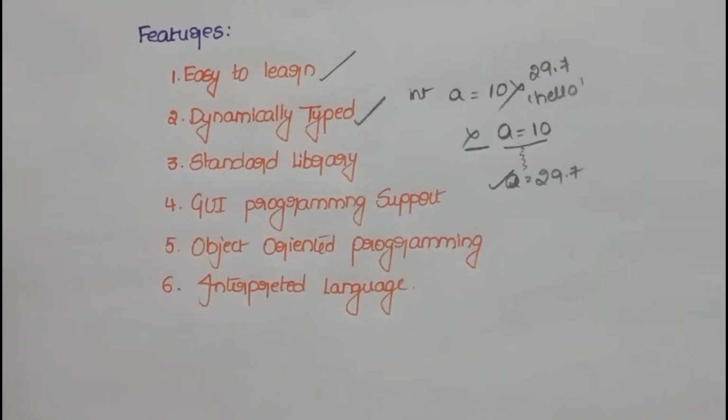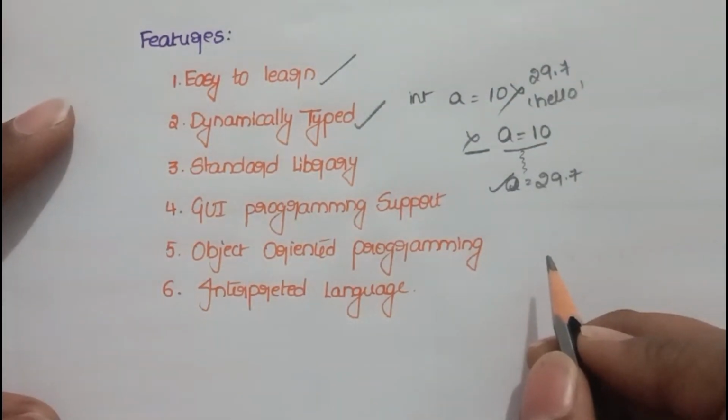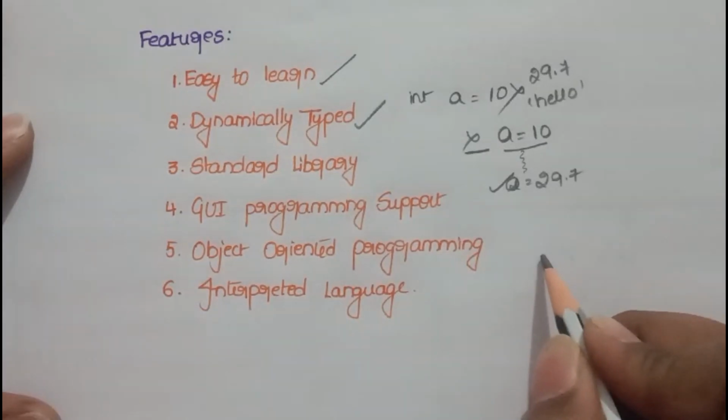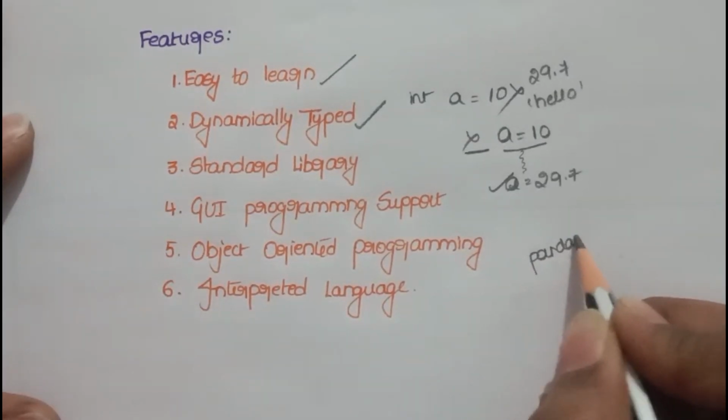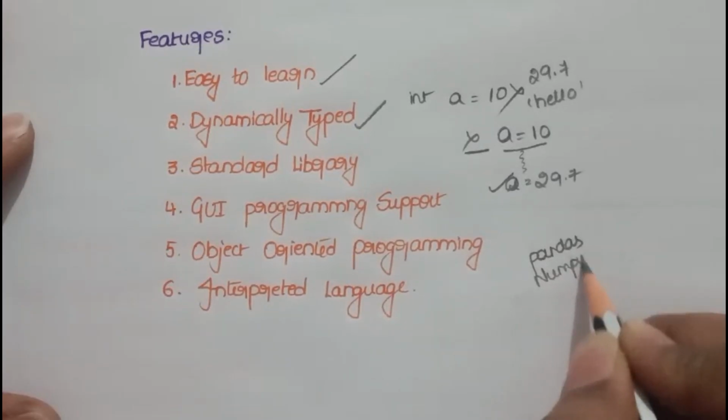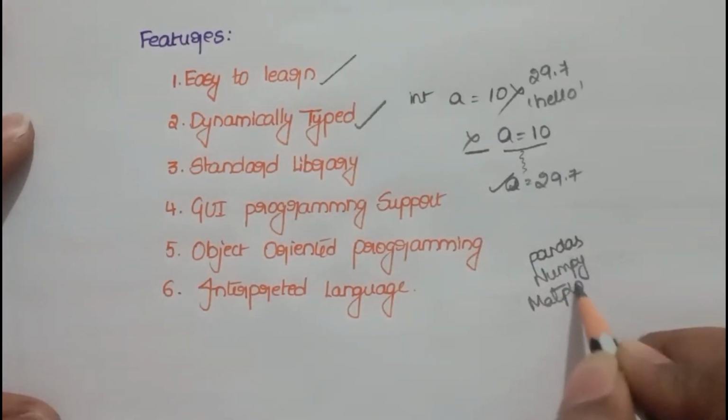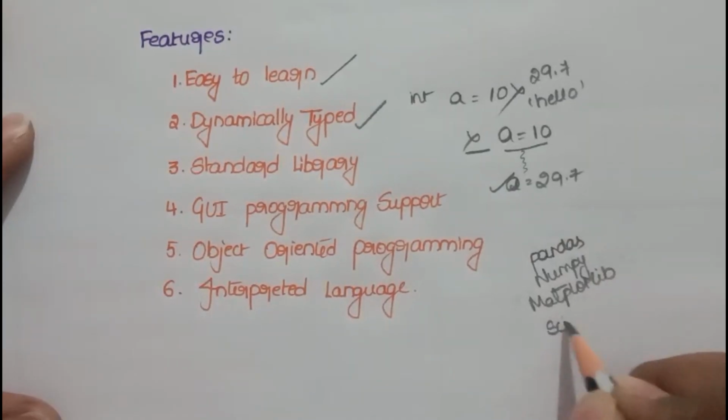Third important feature of Python is its standard library. A library is a collection of pre-written functions which we can use to simplify our code. Reusability is more when we have standard libraries in any programming language. Python has extensive libraries. For example, if you want to work on machine learning related projects, Python has pandas, NumPy, matplotlib, scikit-learn.